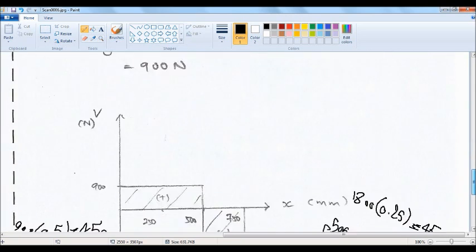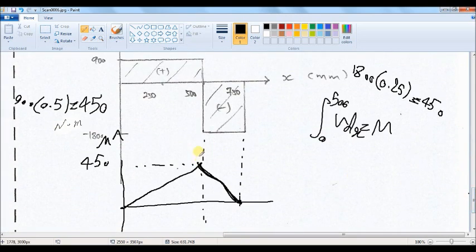Here is location C, right? Here we have location C, and somewhere here is location B. Later I will come back here again to calculate the moment at location B.